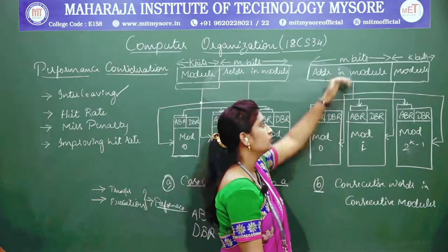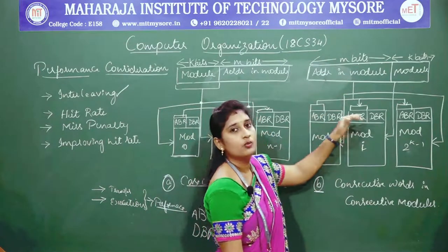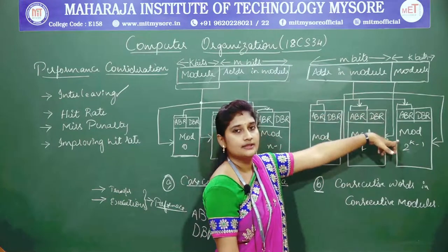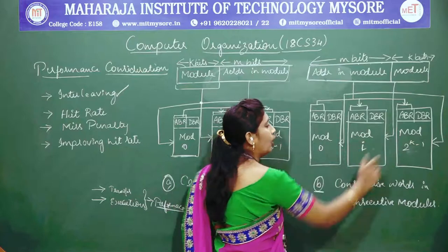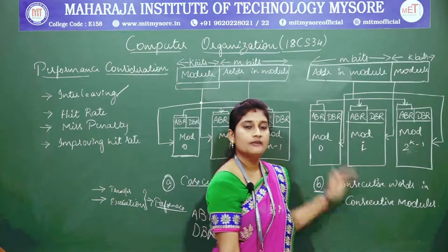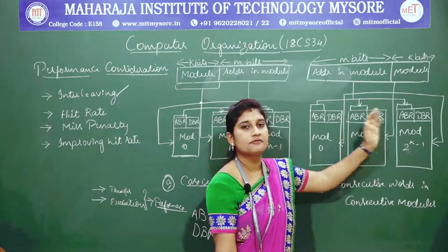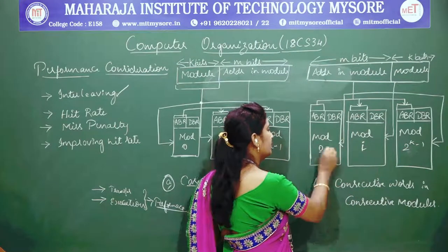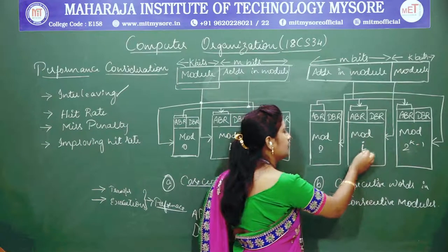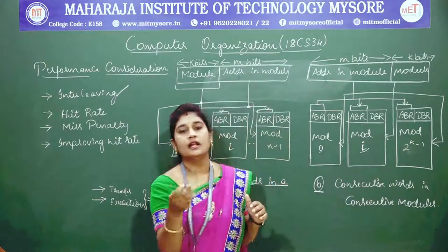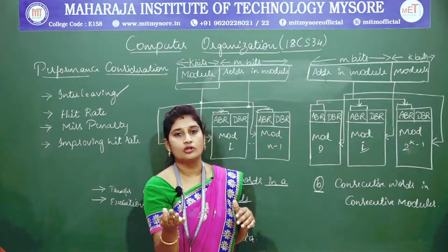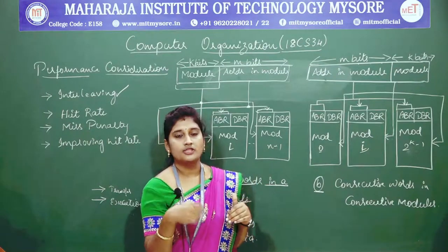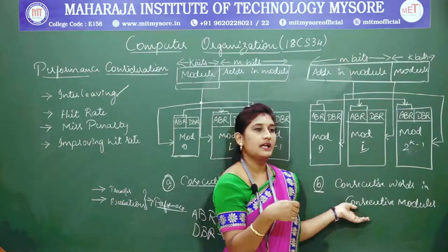So the higher order bits will present the particular word's address, and the lower order bits will represent the particular module number, so that even if the words are present in different modules, they can all be fetched. If the first word is present in module 0, the second word in module 1, and the third in module 2, all those words can be fetched consecutively by using this second variation.